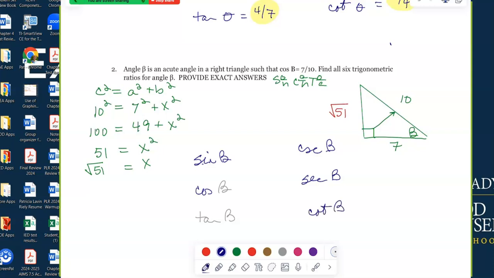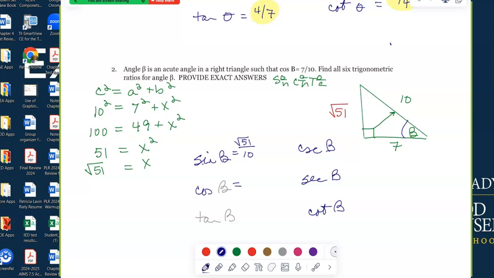Let's get our values. So from this angle's perspective, angle beta, I see that sine is opposite. Opposite is going to be square root of 51 or radical 51 over hypotenuse, and the hypotenuse was given to us as 10. Okay, don't rationalize. You don't need to. Just leave it be.